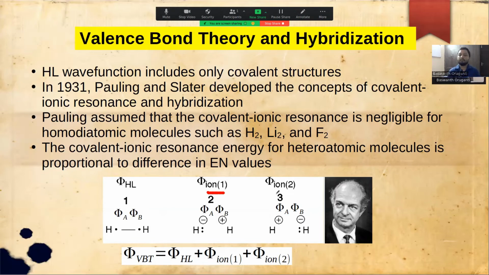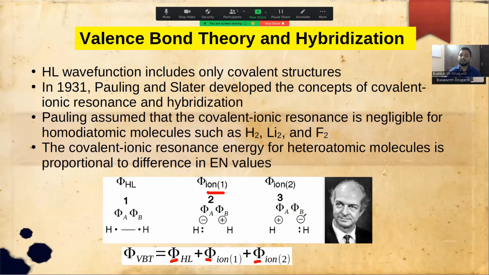So the overall wave function according to Pauling is a combination of three terms. The first term is the Heitler-London wave function, which accounts for the covalent bonding in the hydrogen molecule. The second and third terms are ionic terms, one in which the two electrons are on HA and the other in which the two electrons are on HB.